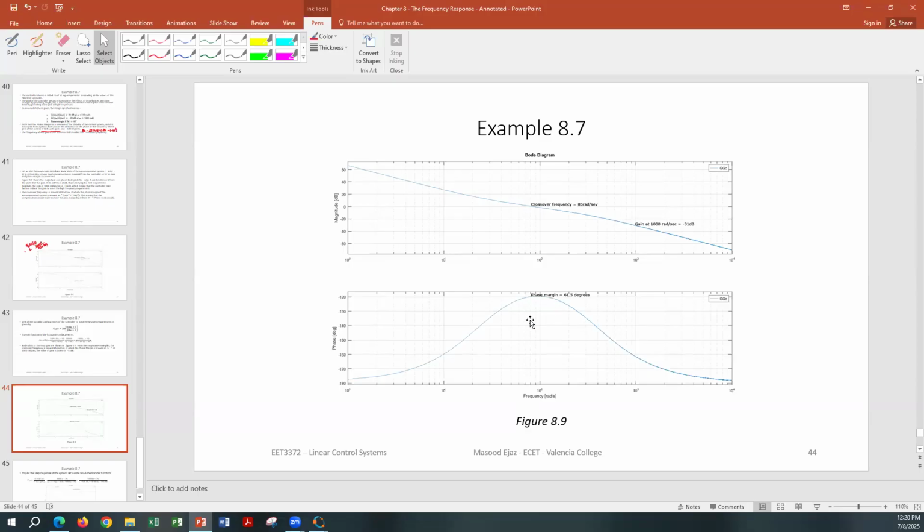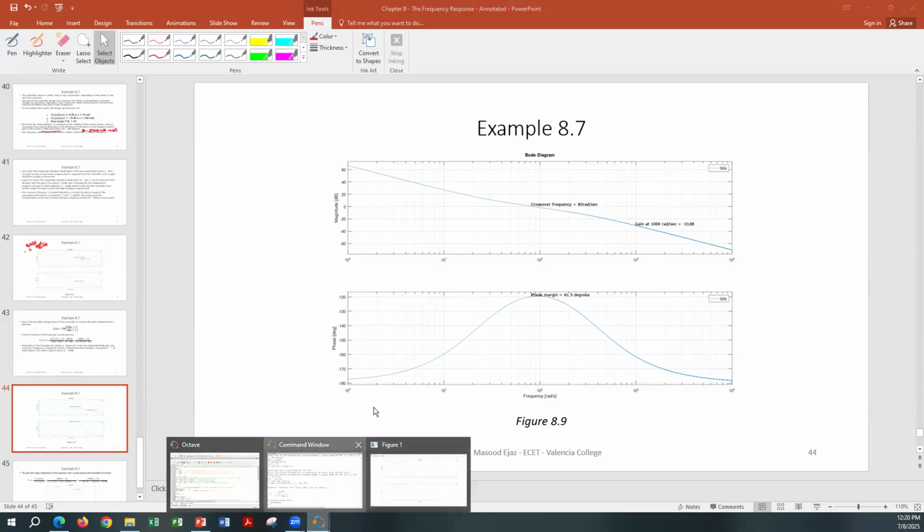The phase is hard to see over here, so let's just check it real quick in MATLAB.